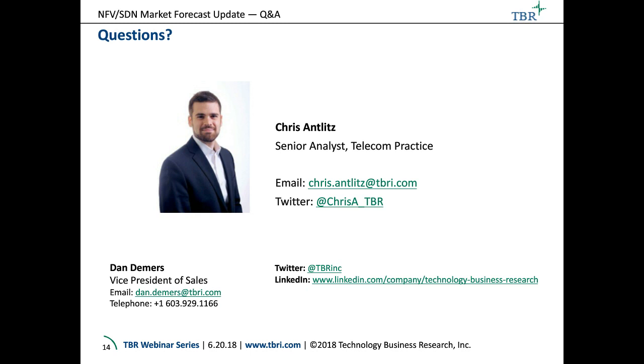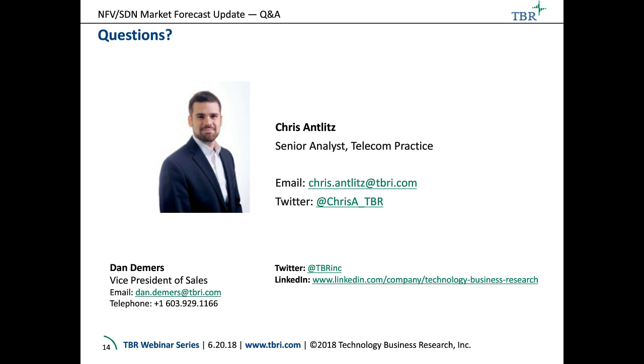So it's whatever physical appliance, physical box is being utilized for that NFV SDN environment. So it could be white boxes in a cloud environment. It could be an on-premise uCPE box that is bringing the VNF functionality into an on-premise environment. It's all of those different boxes we include in our hardware spend slice.